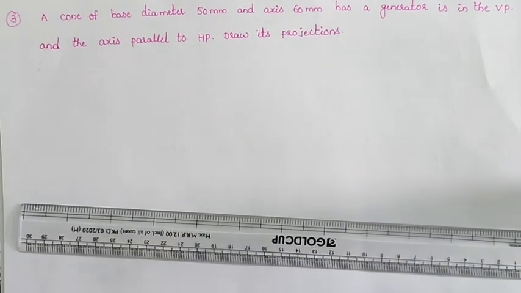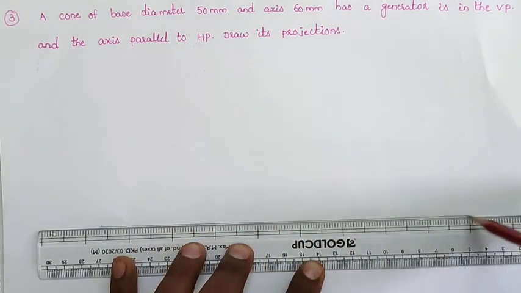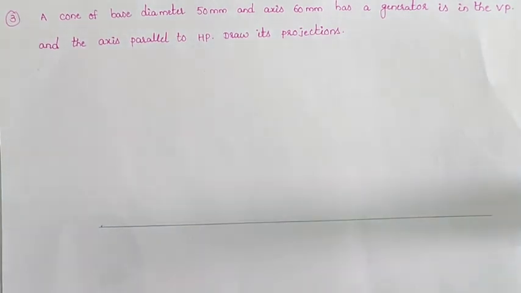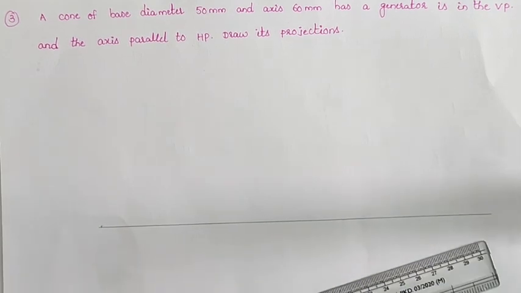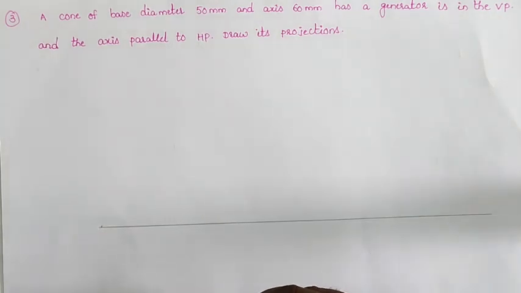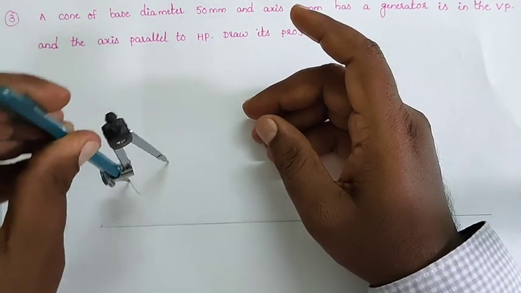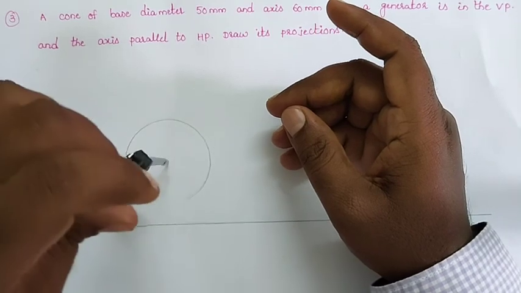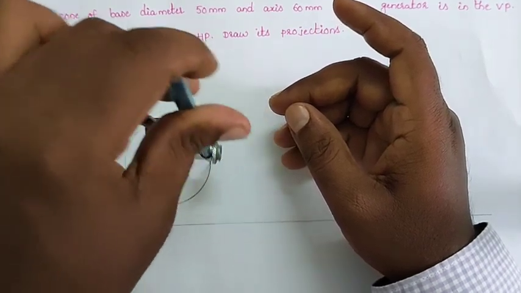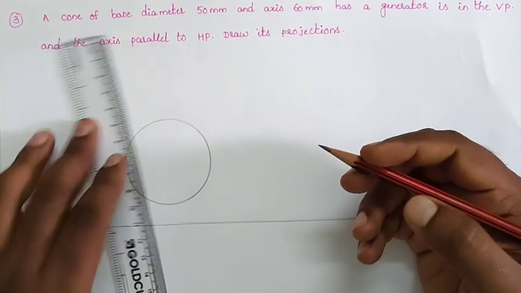So first of all we will draw the reference line. With the 25 mm radius, we will draw the front view of our diagram. The front view of our cone is a circle. We will draw a circle with the 25 mm radius.